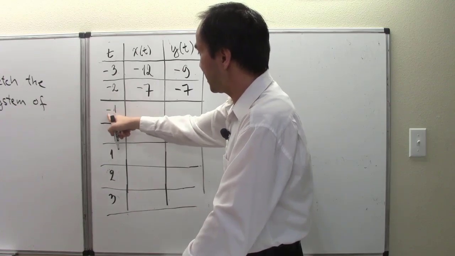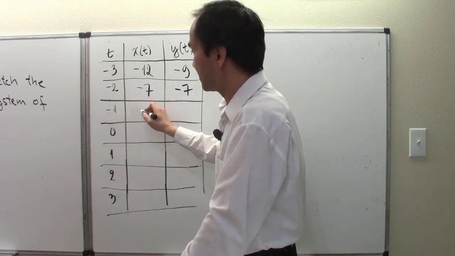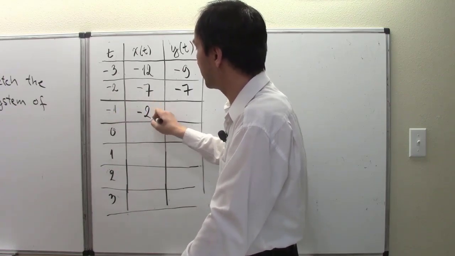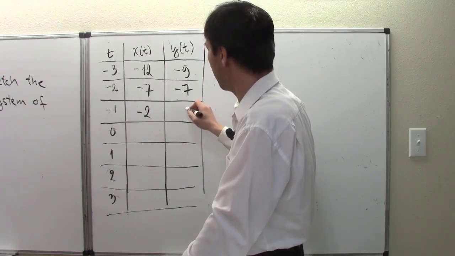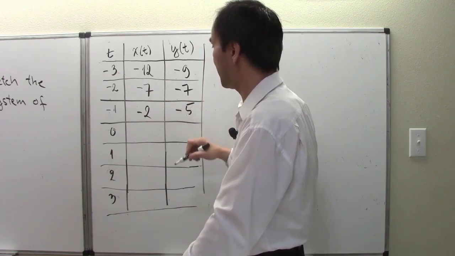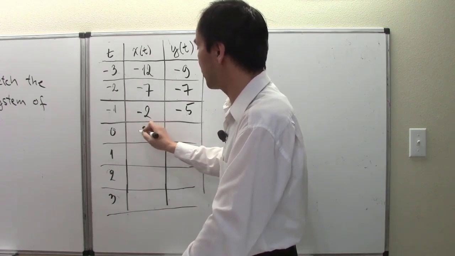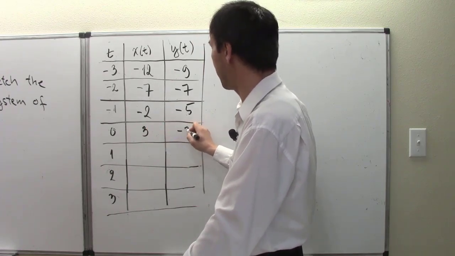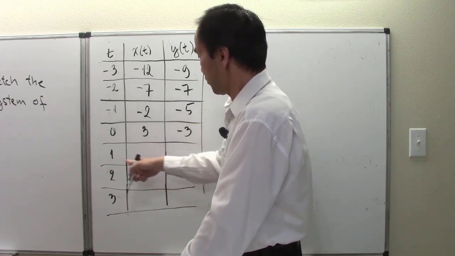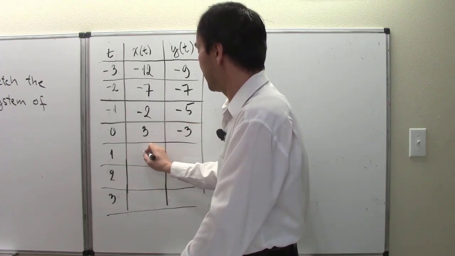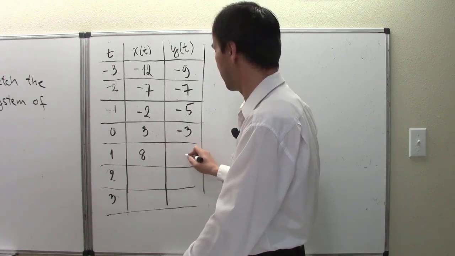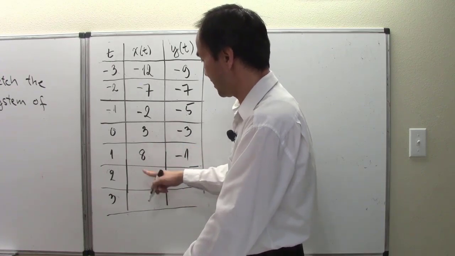Now for t equals negative 1, we're looking at negative 2, and here is going to be negative 5. And now when t equals 0, we're looking at 3 for x and negative 3 for y. And when t equals 1, we're looking at 8 for x and negative 1 for y. And so on and so on.